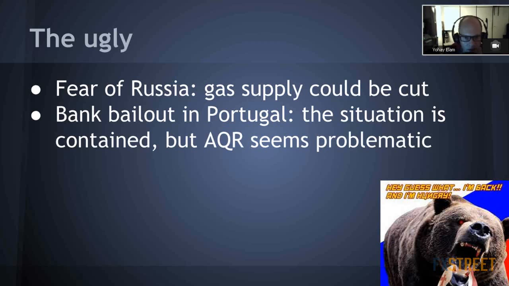So the AQR, the Asset Quality Review of the European Central Bank, the stress test, might look a bit more problematic. The ECB might not exactly know what the situation of the banks is, and we could still have sort of flashbacks from the European debt crisis that seemed to be behind us. So not everything is really good in Europe.